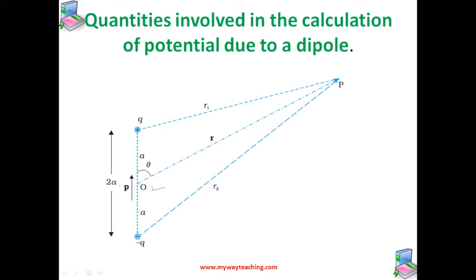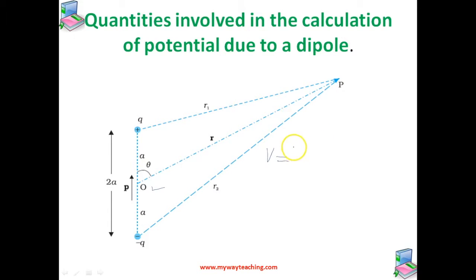Electrostatic potential also follows the superposition principle. So the potential due to the dipole is the sum of the potentials due to the charges plus q and minus q.